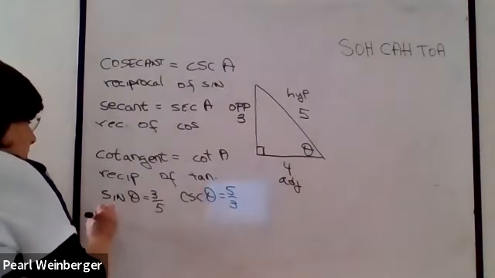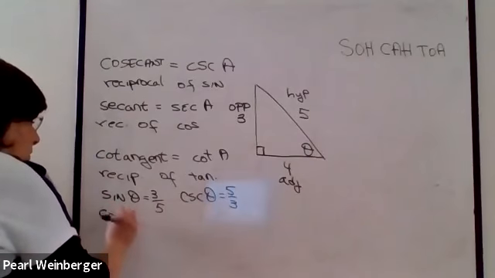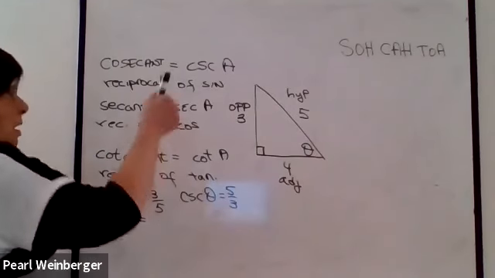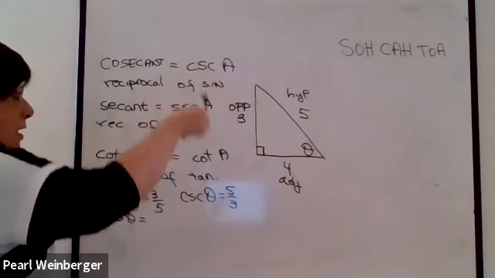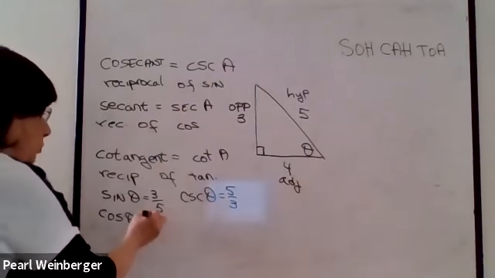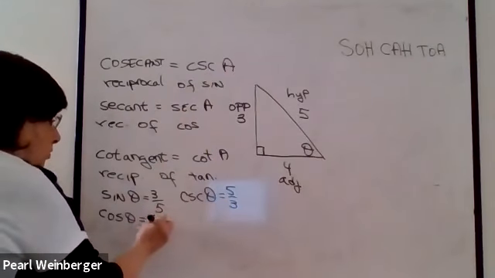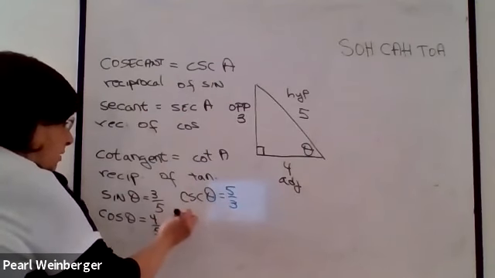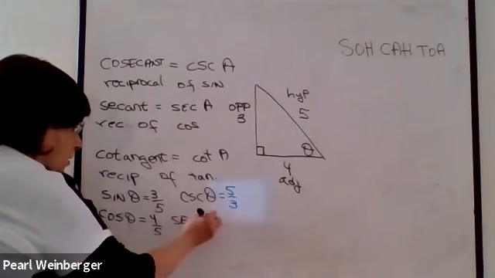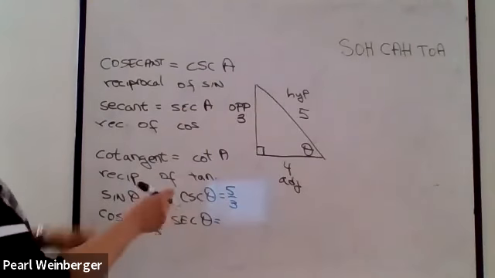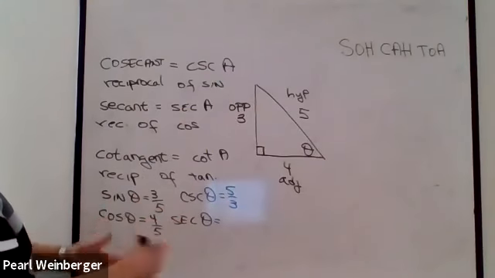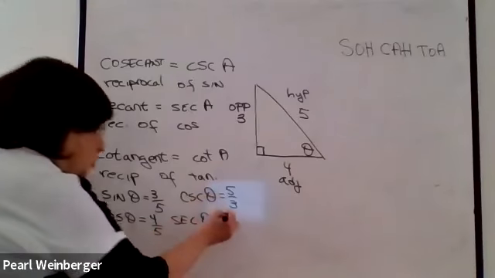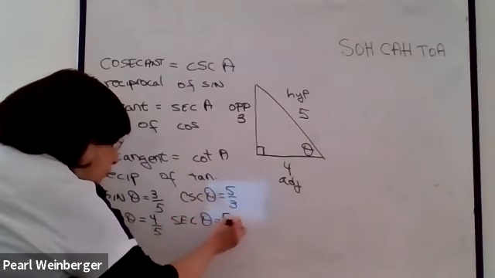Similarly, the cosine of theta, we know, is adjacent over hypotenuse, which is, for our triangle, 4 over 5. So the secant of theta is a reciprocal of that. It's hypotenuse over adjacent, or 5 over 4.